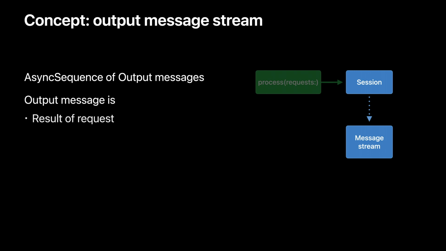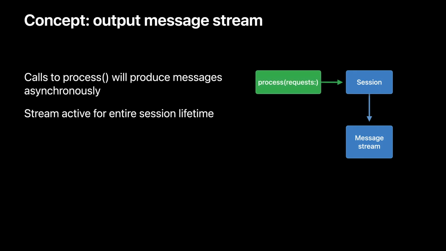Output messages include the results of requests, as well as status messages such as progress updates. Once we make the first process call, messages will begin to flow on the output message stream. The output message sequence will not end while the session is alive. It will keep producing messages until either the session is deinitialized or in the case of a fatal error.